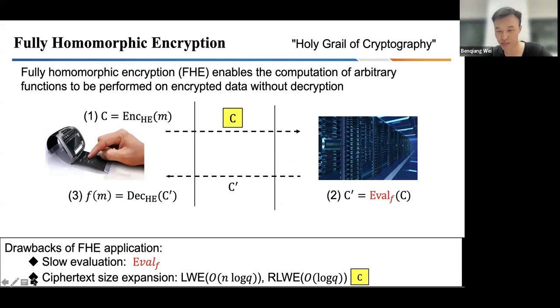This is because most FHE schemes are based on LWE or RLWE problems. So the FHE ciphertext expansion ratio would be up to about 3 to 6 orders of magnitude larger than the original plaintext size. So this would cause very huge transmission cost.